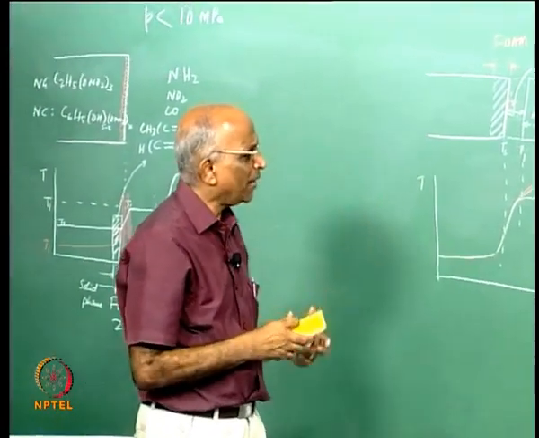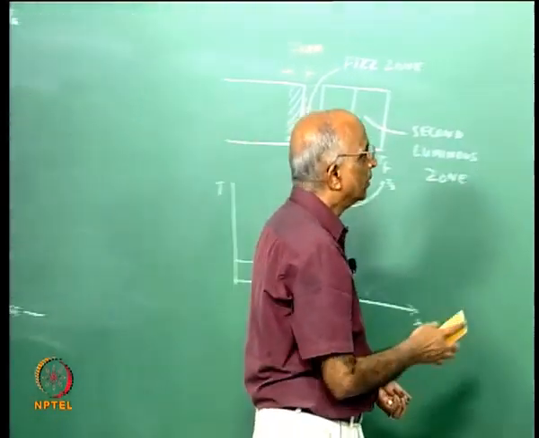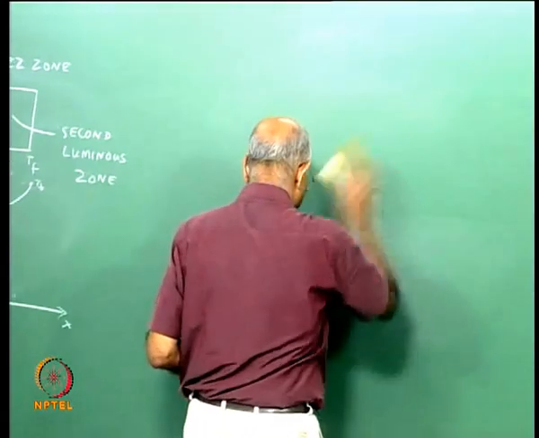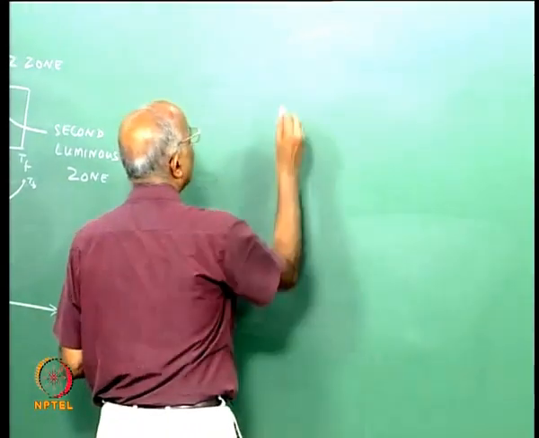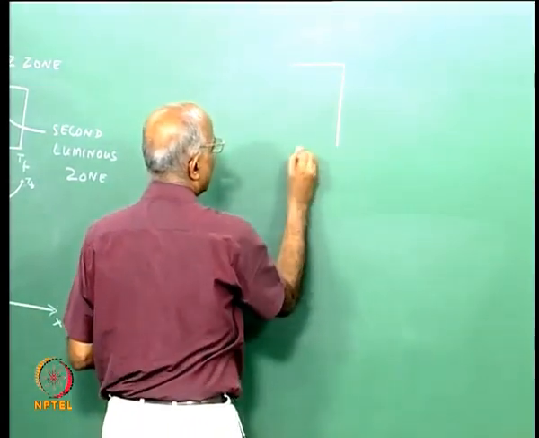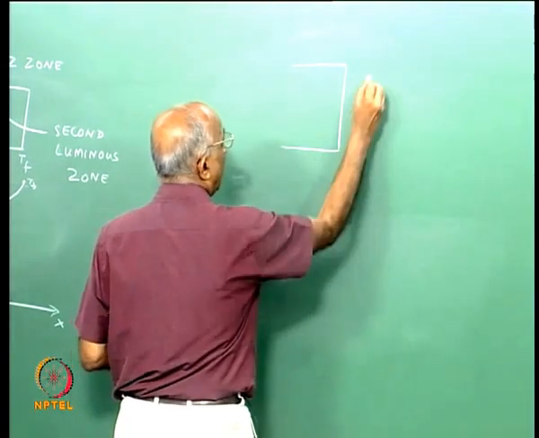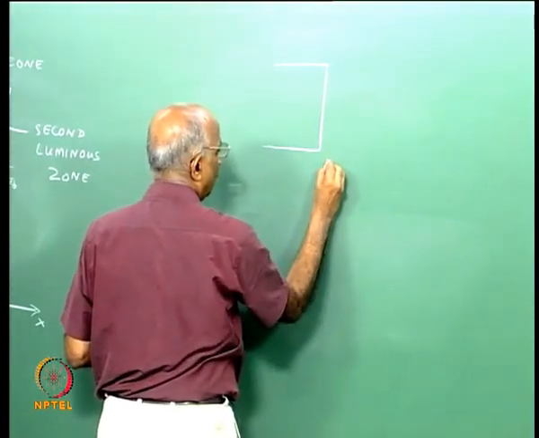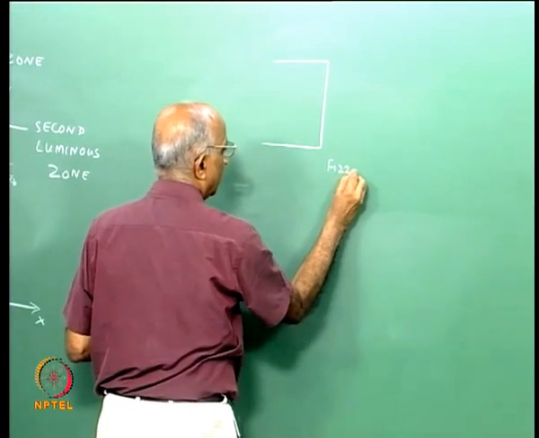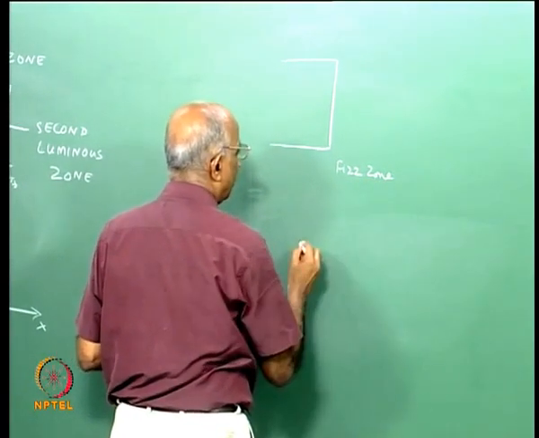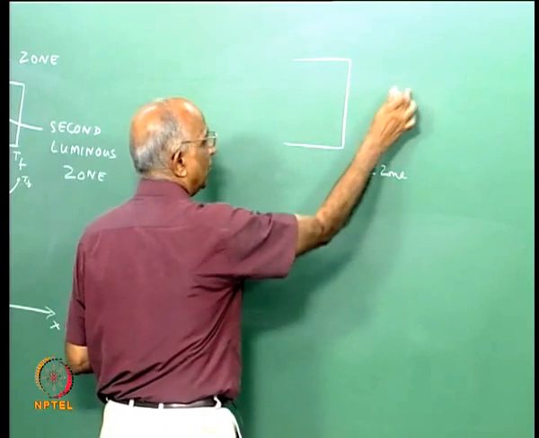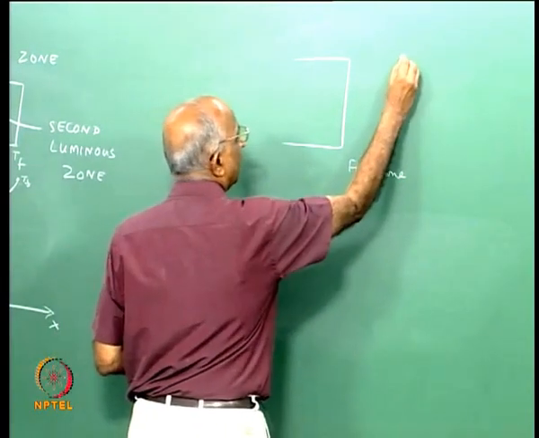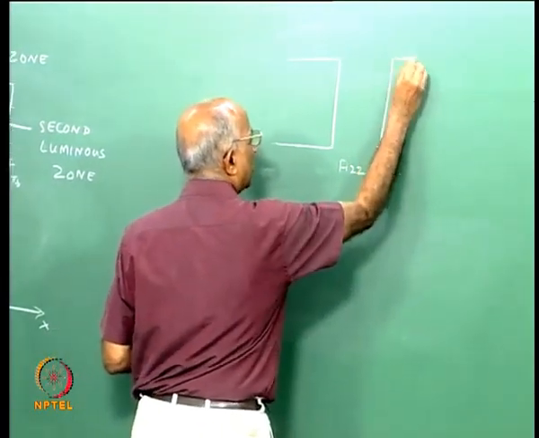Therefore, let us write an equation for it. And how do we write it? It is not difficult at all. I have a surface, and I am going to be interested in the fizz zone, that is, the zone wherein temperature increases from Ts to T1. Why am I not considering the dark zone?